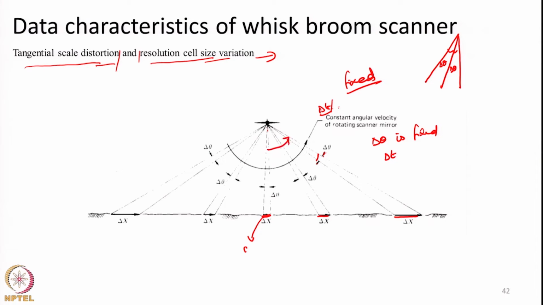The ground is flat, the angular distance between which two samples are taken is fixed. Because of the flat ground, the ground distance between two samples will keep on increasing. This is one thing, that is the GSI will keep on increasing as the scanner moves away from nadir.